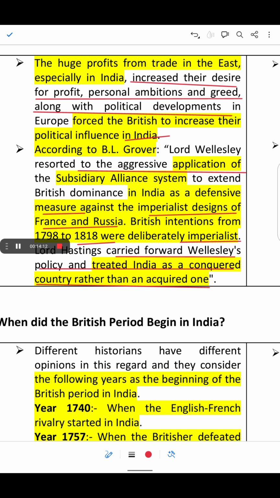Okay. And this is how Wellesley would increase the British dominance.